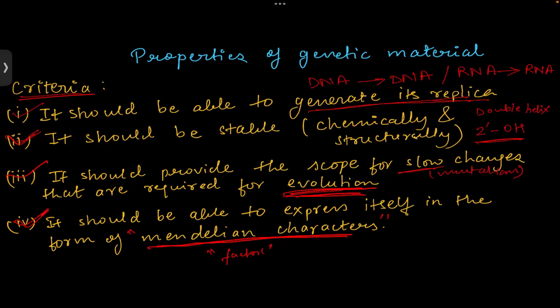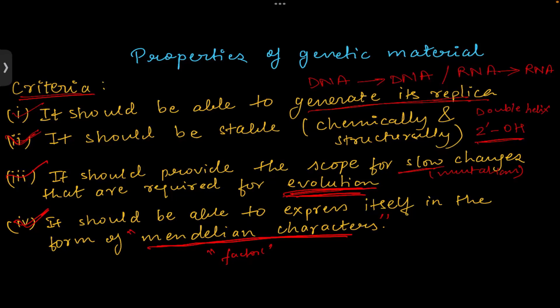So this kind of behavior should be displayed by DNA as well as RNA. Now we know that both DNA and RNA can do that, but it is much more direct for DNA to do that.